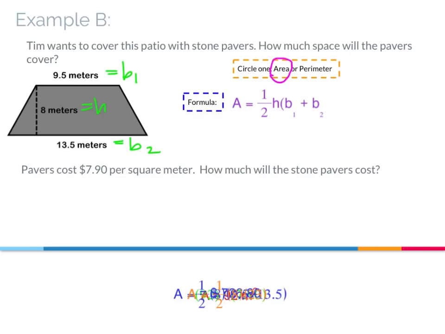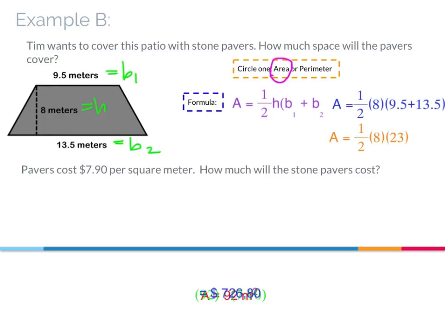Now that we know what our height and our two bases are, we're going to substitute them into the formula to give us A is equal to 1/2 times 8 times 9.5 plus 13.5. We have to follow order of operations, so we need to add the two numbers inside the parentheses to give us A is equal to 1/2 times 8 times 23.